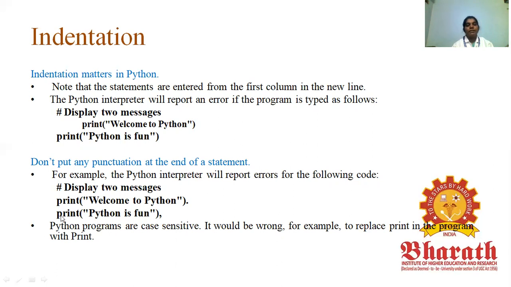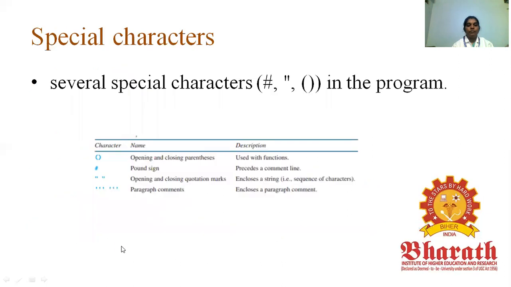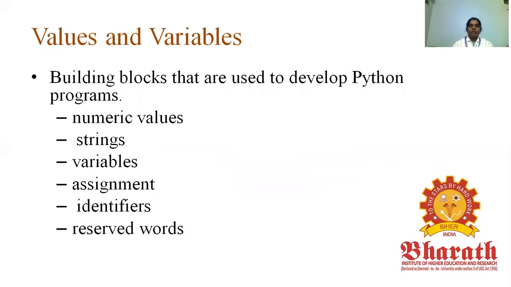Don't use capital P, use small p for the print function. Special characters: so far we have used the hash sign for comments, double quote for strings, triple single quote for paragraph comments, and opening and closing parentheses for functions. These are the special characters we have seen.